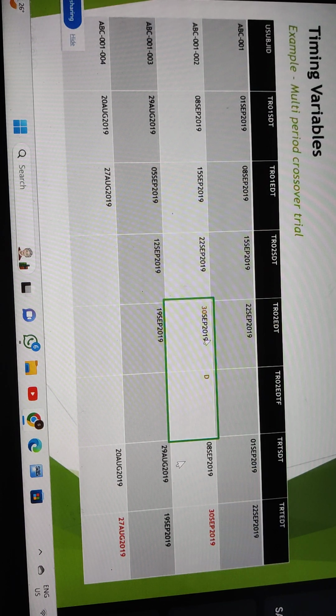There will be rules for that, which I will explain later, so remember. Since we imputed the day, the treatment imputation flag is D. The next one, we have imputed the complete date, which is 30 September 2019. The next is 27 August 2019, because the treatment start date is the same.